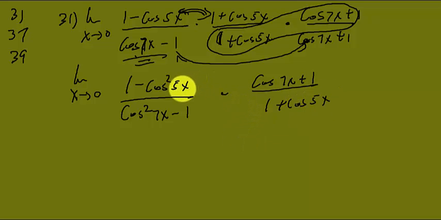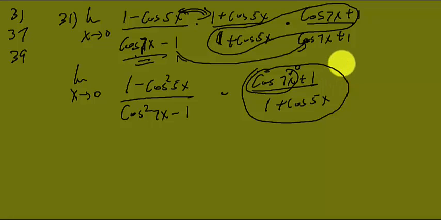Now I still can't take the limit of this, but I can take the limit of this because I can plug in 0. When I put in 0 here, this becomes 1, so 1 plus 1 is 2, so the top becomes 2. When I put in 0 there, this becomes 1 plus 1, which is also 2.